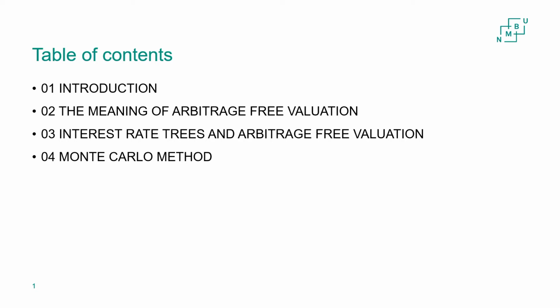We're going to calibrate it so that it gives us the arbitrage free valuation. And then we're going to price a bond using this tree and find that it gives us the correct arbitrage free price. And lastly, and quite short, we're going to look into the Monte Carlo method.